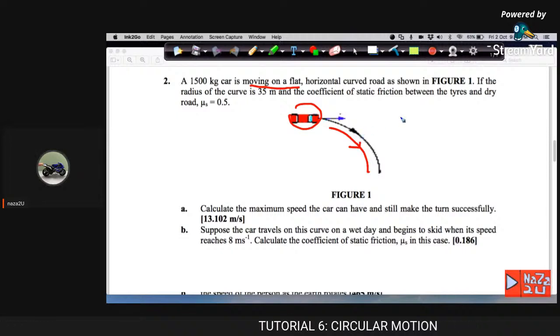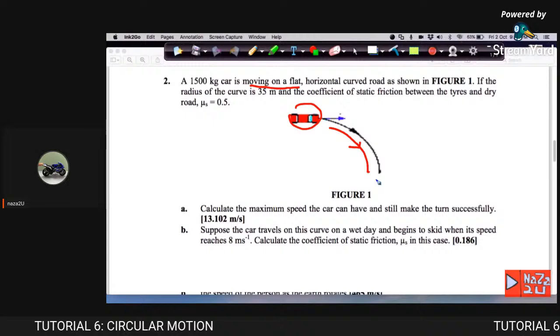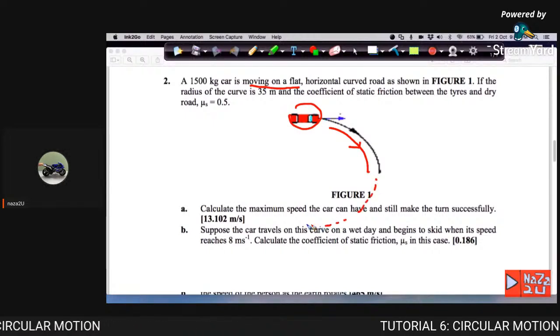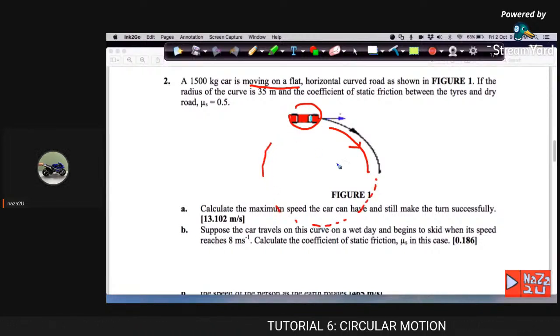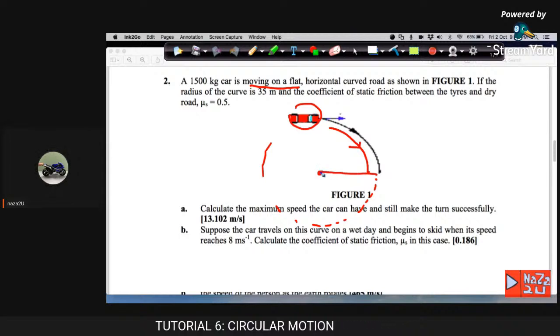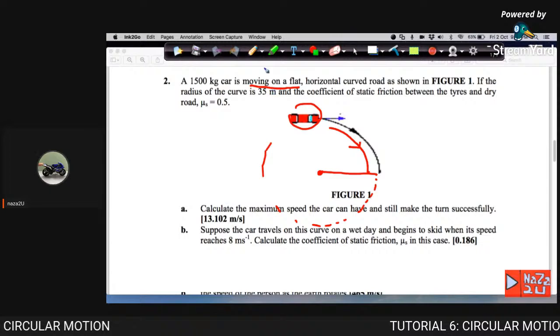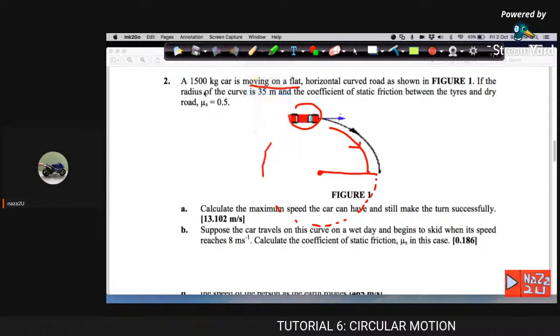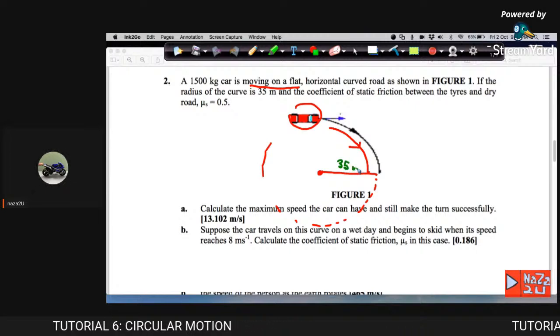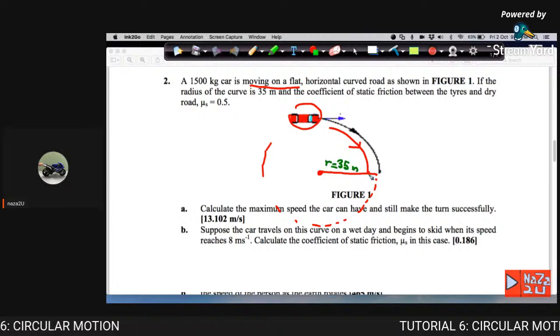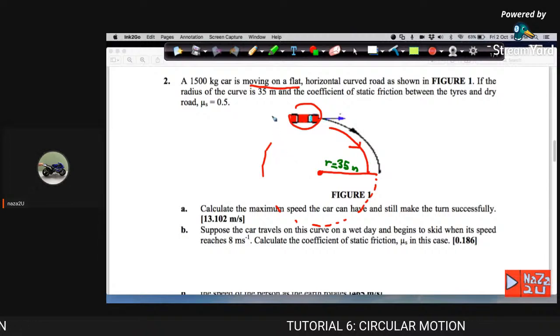As shown in the figure, if the radius of the curve, so let's say this is the curve, meaning if you draw the complete circle here, the radius from the center is equal to 35 meters. So this is the radius of the circular path.